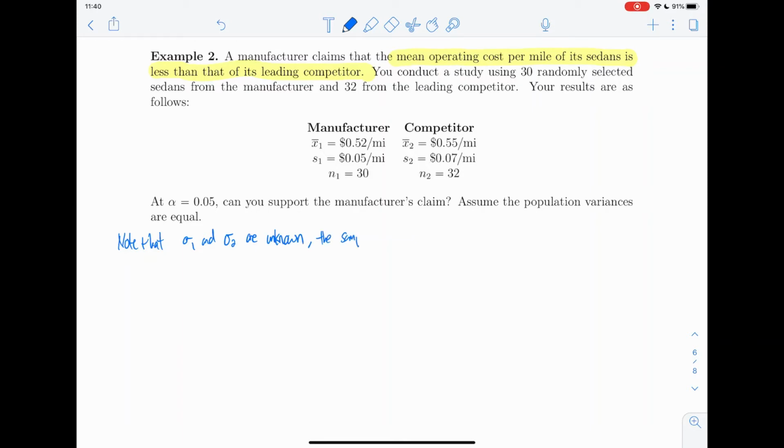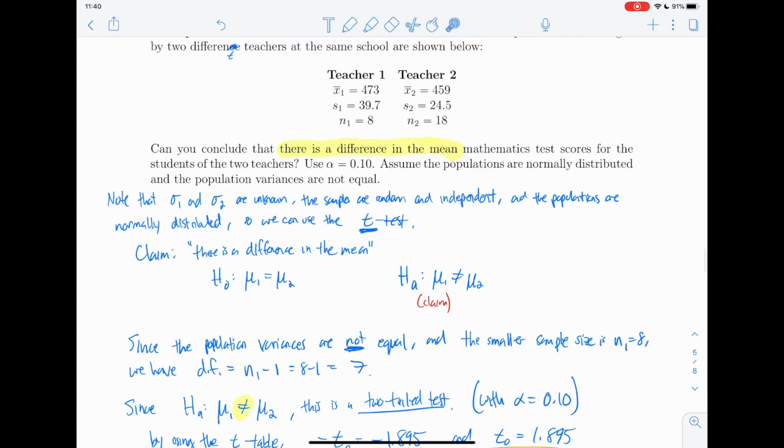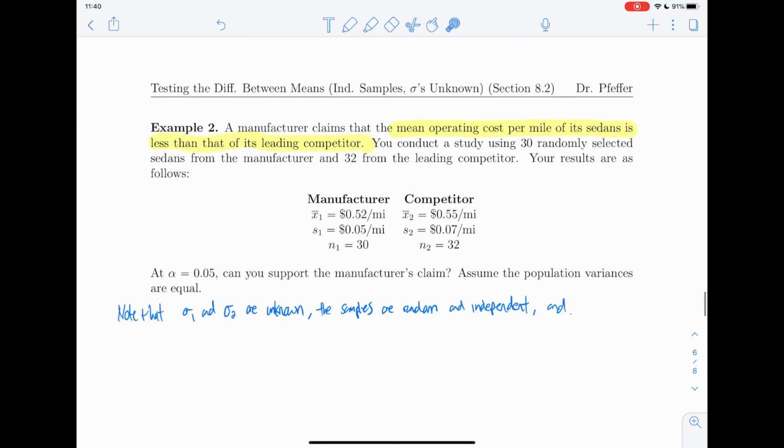The samples are random. And just like last time, the sample sizes, of course, are different. So that means definitely the sampling was done independently. So the samples are random and independent. And note that unlike the previous problem, in the previous problem, we did have this underlying assumption that the populations were normally distributed. We are not given that assumption.